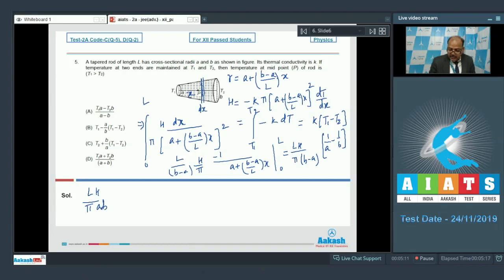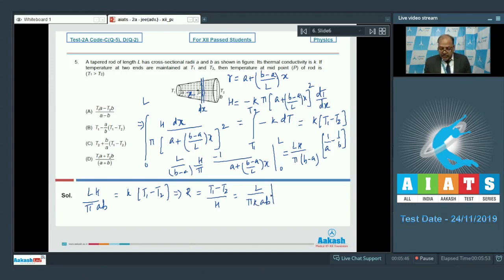So here it is AB, and this is equal to K into T1 minus T2. So that means thermal resistance R, let's call it simply R, is equal to, we know that thermal resistance is T1 minus T2 divided by H, and in this case it is equal to L divided by pi K AB.